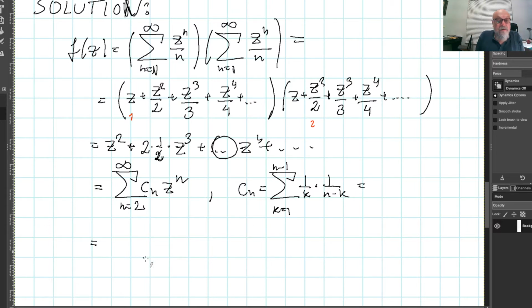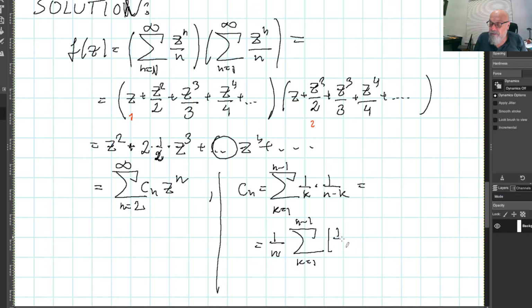So I take 1 over n out, and here, k equal 1 to n minus 1, of 1 over k plus 1 over n minus k.